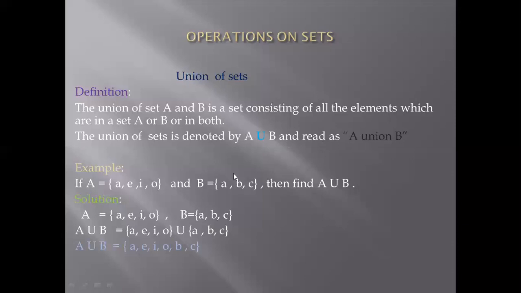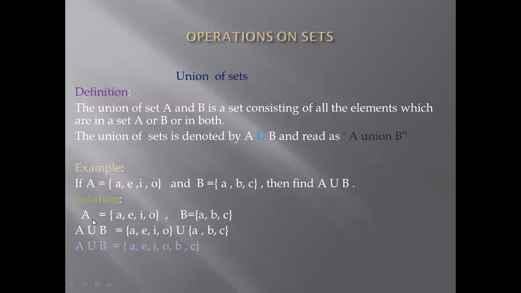Come to the example. If we have set A, the elements of set A are A, E, I, O, and the elements of set B are A, B, C. Then we are finding A union B. As I told you, union means combine. Write all the elements, either they are in A or in B or in both sets. We write all the elements within one enclosed bracket.